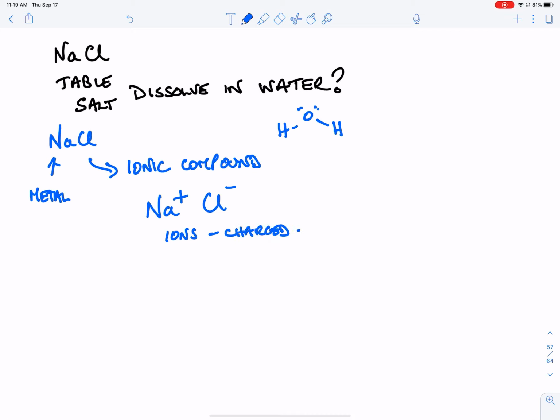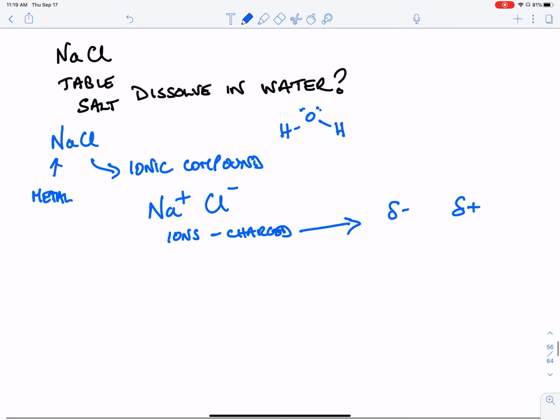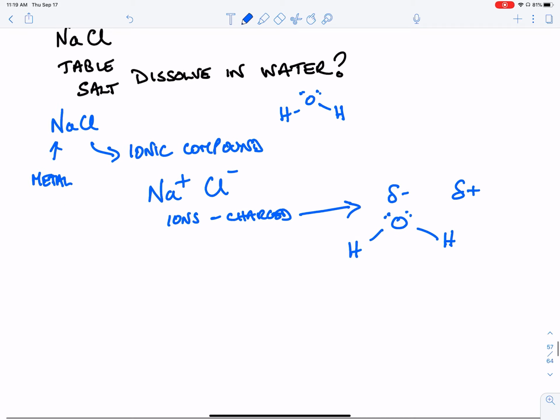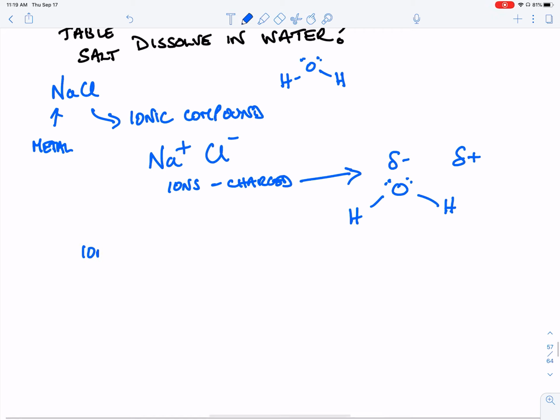Because they're charged, they will be attracted to something that has a negative end and something that has a positive end. And it just so happens that the water molecule has a negative end and has a positive end. And so what will happen is ionic compounds, many ionic compounds, will dissolve in water.